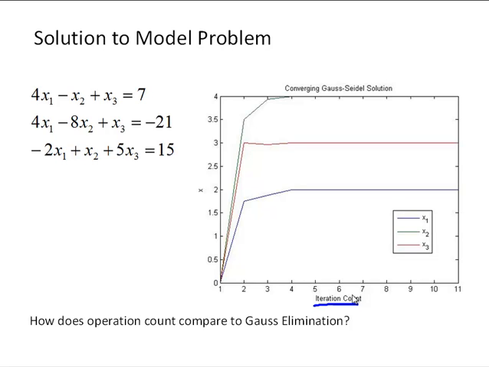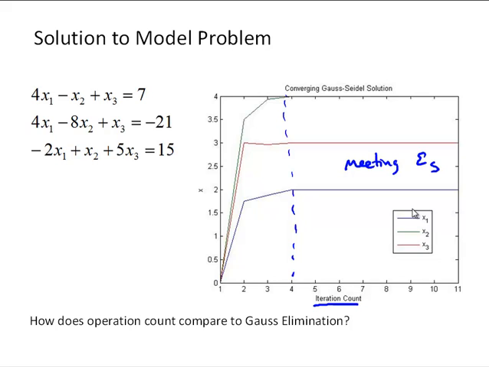We see in the solution to the model problem that by about the fourth iteration, we've converged to our final solution of x1 equals 2, x3 equals 3, and x2 equals 4. The rest of this is just meeting that tolerance, epsilon s. So it converges relatively quickly.